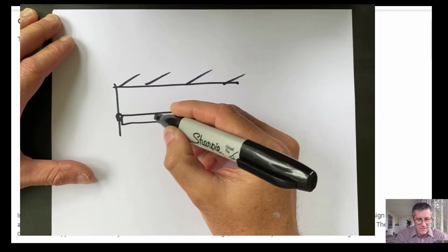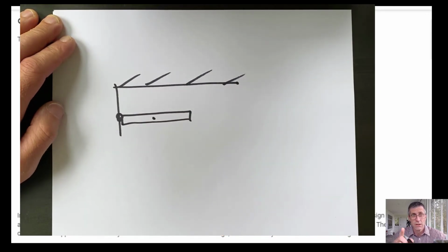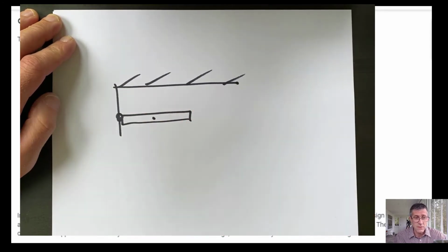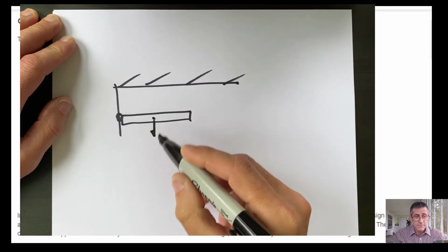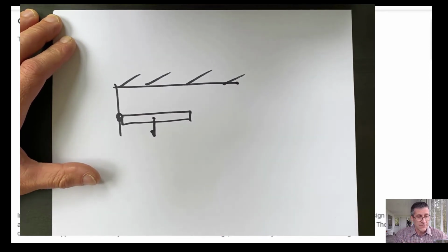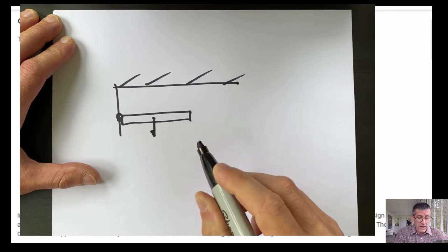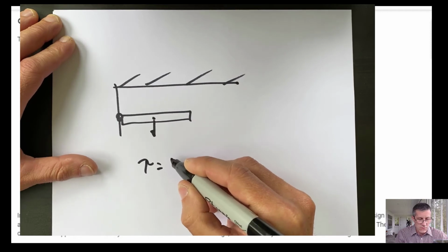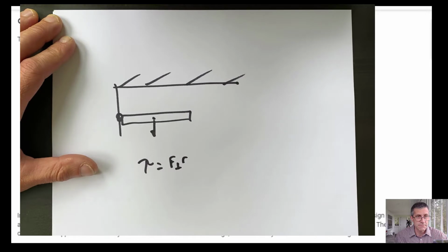So what I want to do is simplify this and pretend all of the mass is at the center of mass for this bar. Should work okay, right? It's a consistent bar, so it's easy to figure out where the center of mass is likely to be. So I'm going to figure that this force is going to provide the torque coming from this bar. So I can figure out how much torque is coming from this bar. It needs to be counteracted, using my torque equation, which is going to be my force times the lever arm that's perpendicular to that.